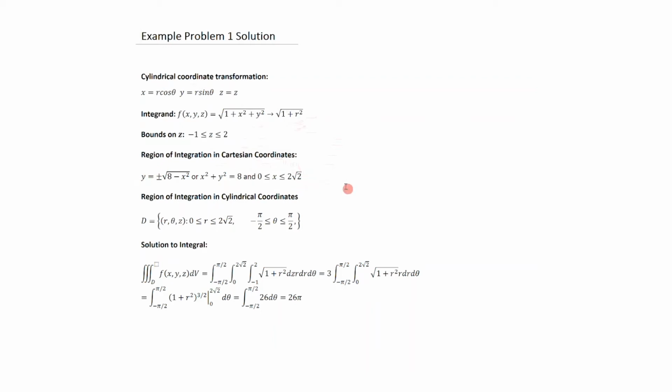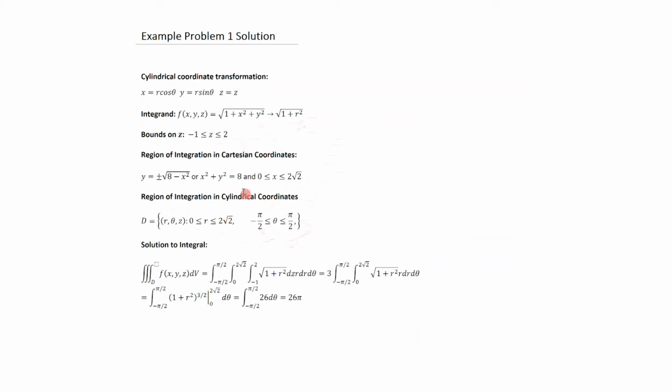If we look at this in cylindrical coordinates, then r goes from 0 to 2 root 2, as shown on the previous slide, and theta ranges from minus pi over 2 to pi over 2. So we now have the bounds for the region, and we have the bounds on z.